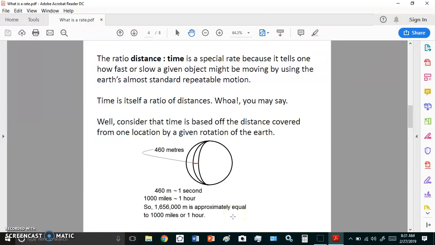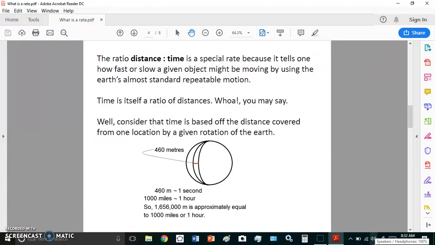Now, the ratio distance to time is a special rate because it tells one how fast or slow a given object might be moving. And of course, time is itself a ratio of distances. Now, in this diagram here, you'll see that the way we get time is by considering the distance between two locations.